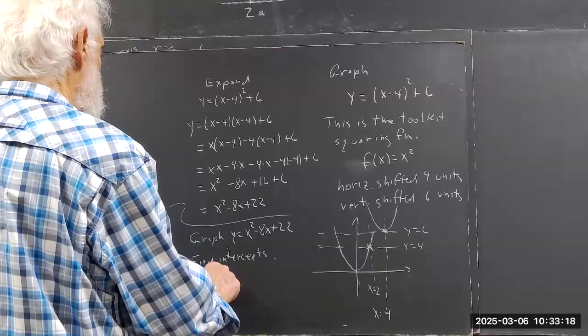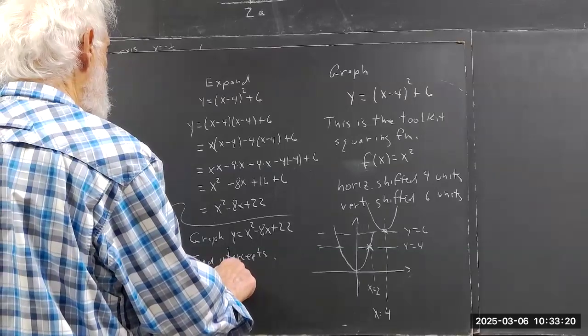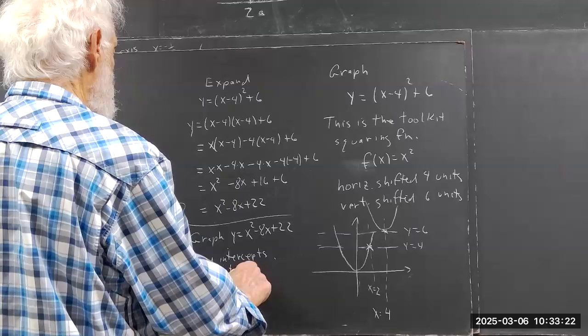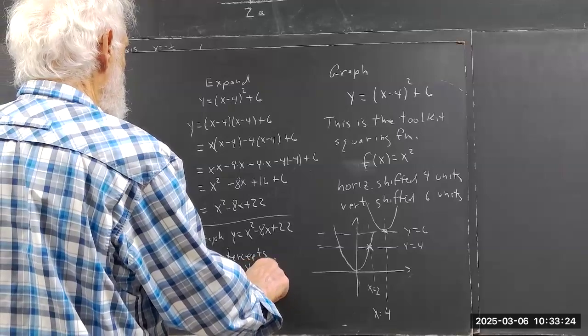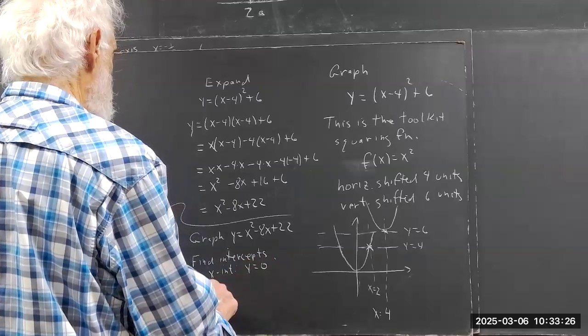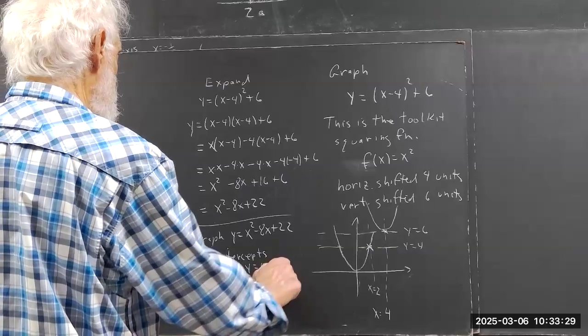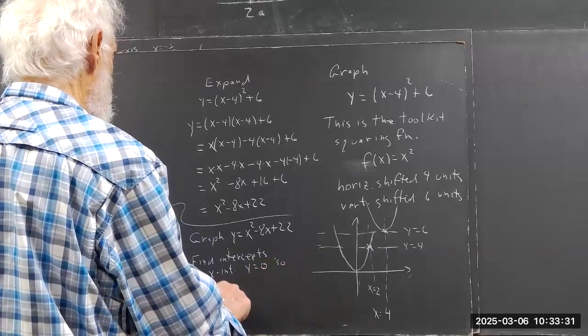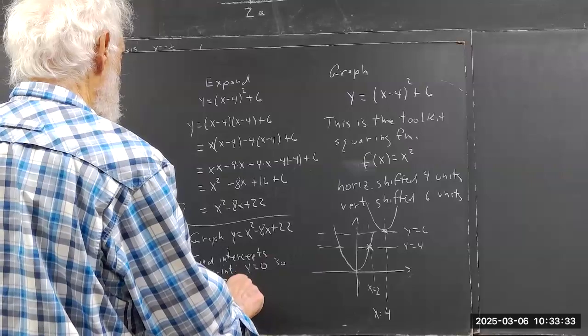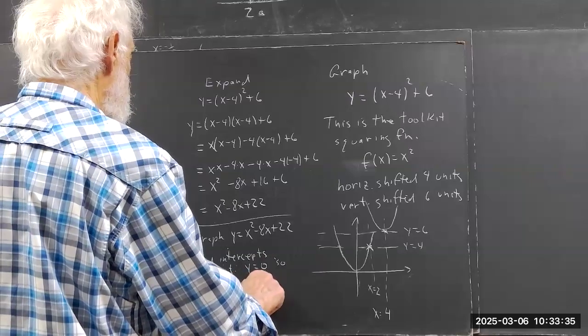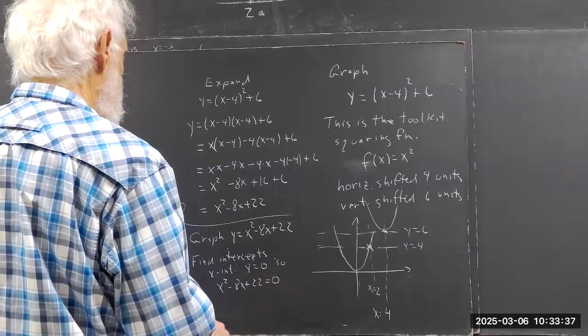Find the x-intercept. X-intercept means y equals 0. So x squared minus 8x plus 22 equals 0.